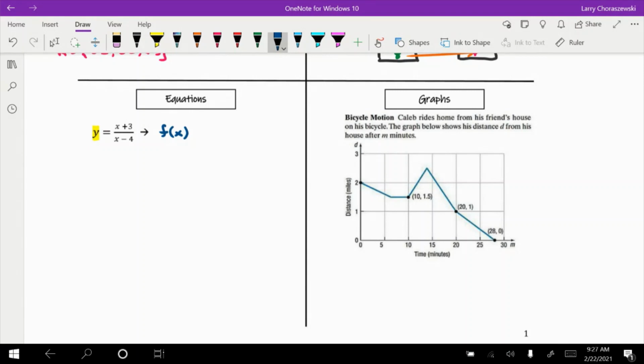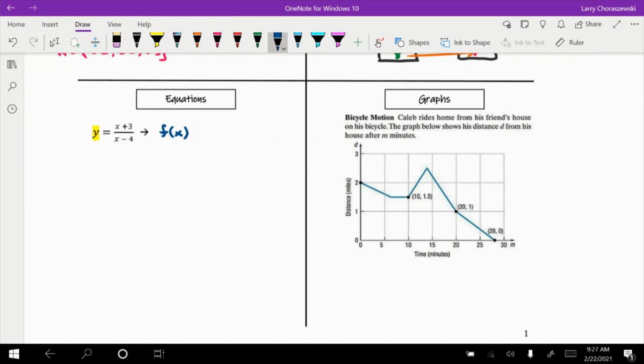So you're not really restricted to using f and x as the letters with function notation, as long as it has this format where it's a letter, parentheses, x. That's indicative of function notation.